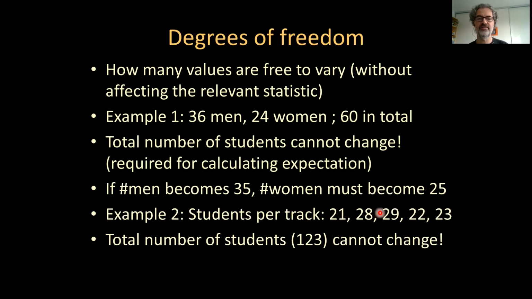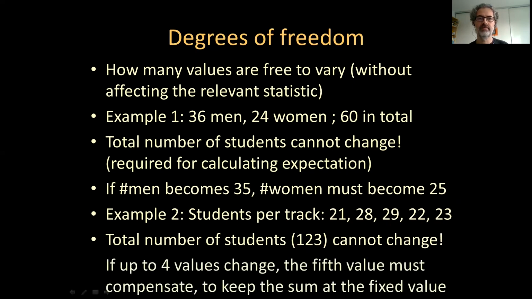So we've changed 4 of them, and now this one has to be 19 in order for the total to remain 123. So we can change up to 4 of these, any 4, but the 5th one must compensate to keep the sum total unchanged. So when you have 5 values, there are 4 degrees of freedom because up to 4 values are free to vary while the sum can remain fixed.